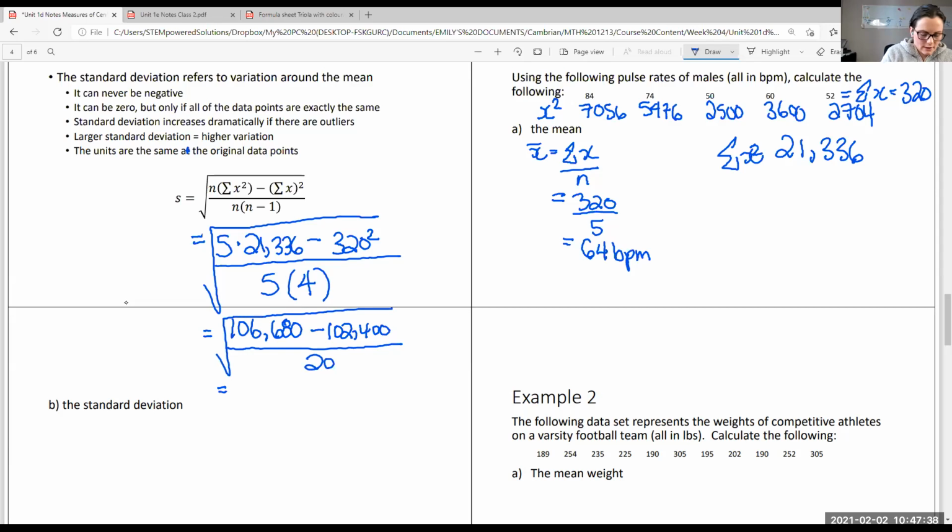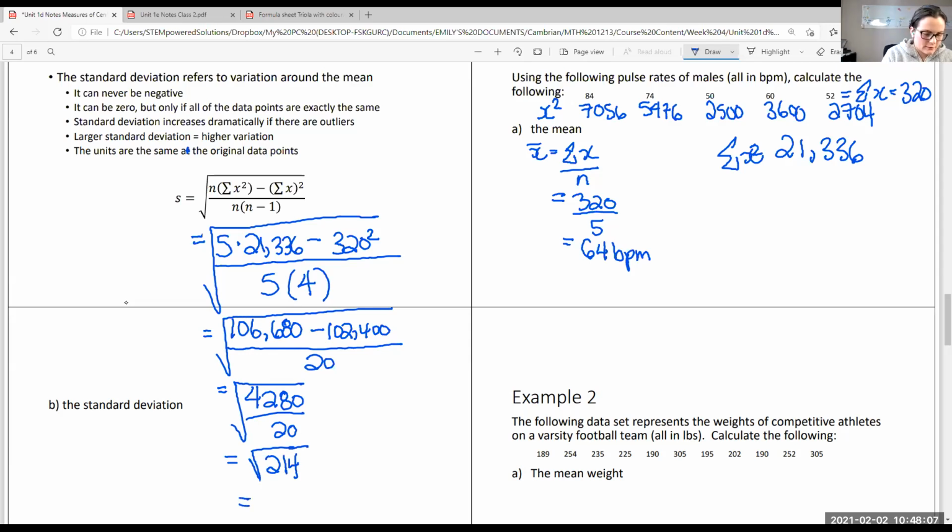So this equals 106,680 subtract 102,400, which is 4,280, divided by 20, and then we find the square root. I'm just taking you through stepwise how to do this. So this is 214.